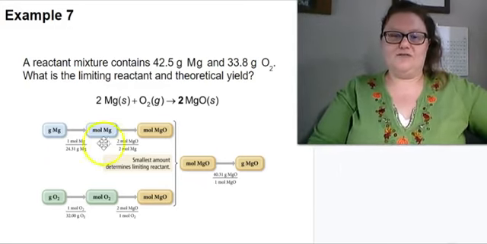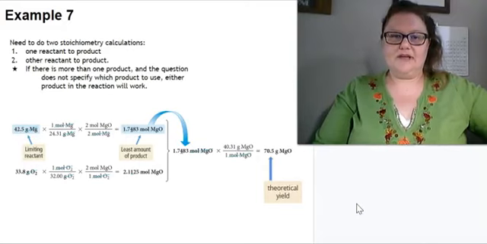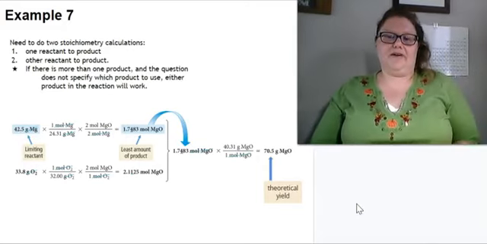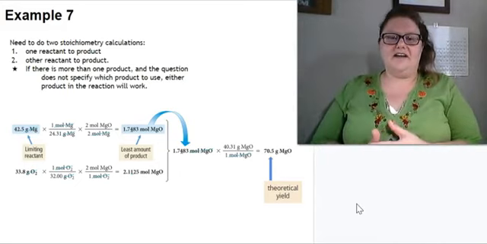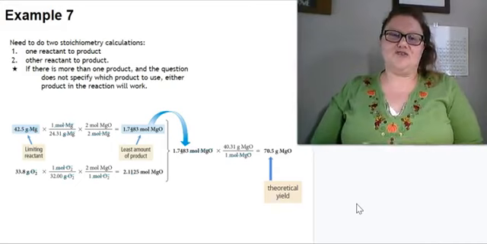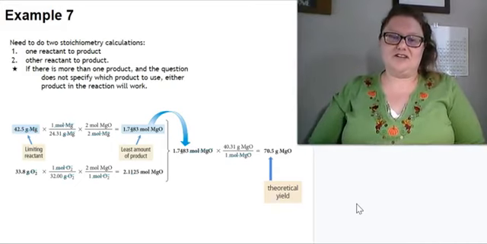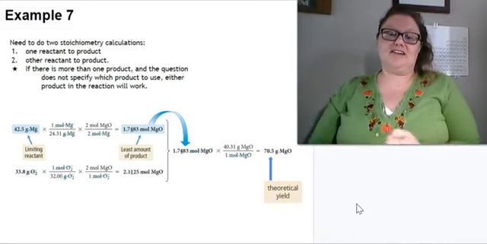And then you can see the conversion factors needed to go from each step. So this then fills in that chart on the previous slide with all the numbers now. So again, you need to do 2 stoichiometric calculations, one reactant to product and then the other reactant to the product.